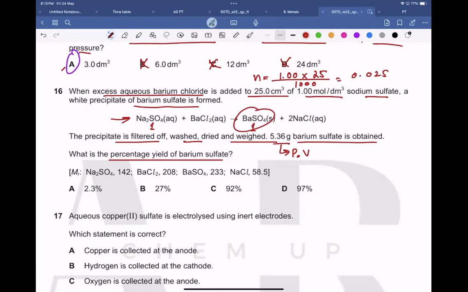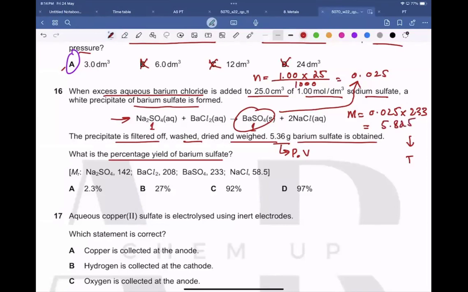So 0.025 times the mass of barium sulfate, which is Mr of 233. Can anyone multiply this and tell me the mass? So that is going to be my theoretical value. Yes, can anyone tell me the value, please? It's 5.825, right?